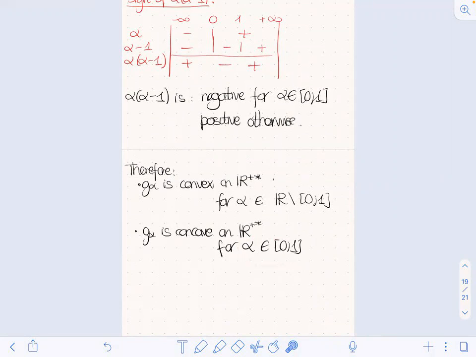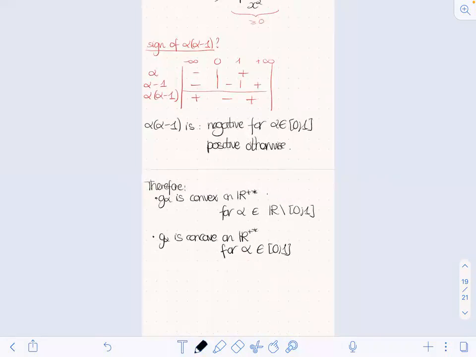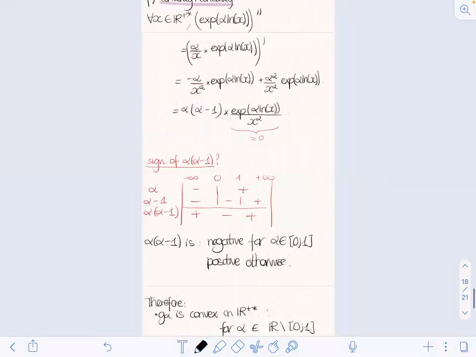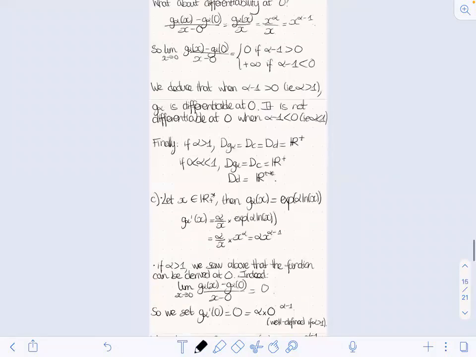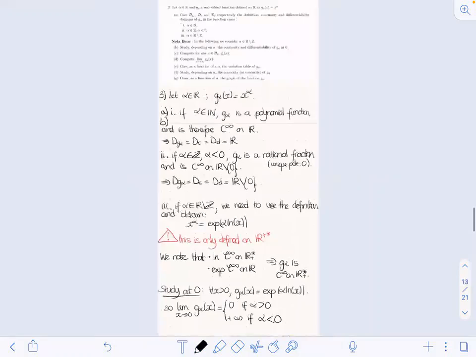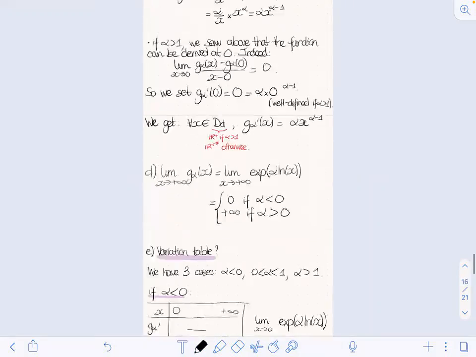And so a good idea to be able to visualize the behavior of concave functions in this setting, so alpha between 0 and 1, is to bear in mind the behavior of the square root function. So that gives us convexity or concavity, and it will allow us to conclude on the graphs. So it's question G. Okay.